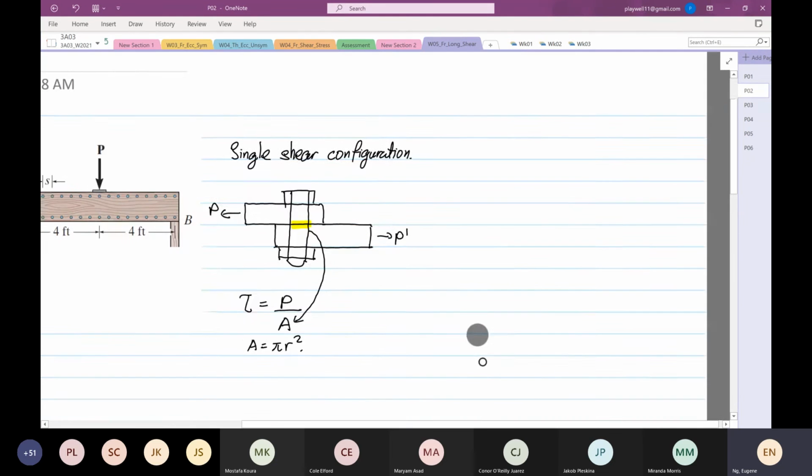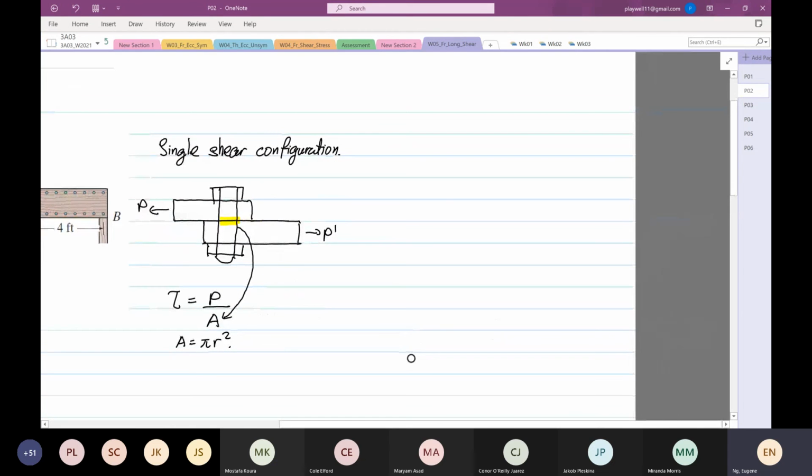Now we go into the double shear configuration. What we have now looks like this.